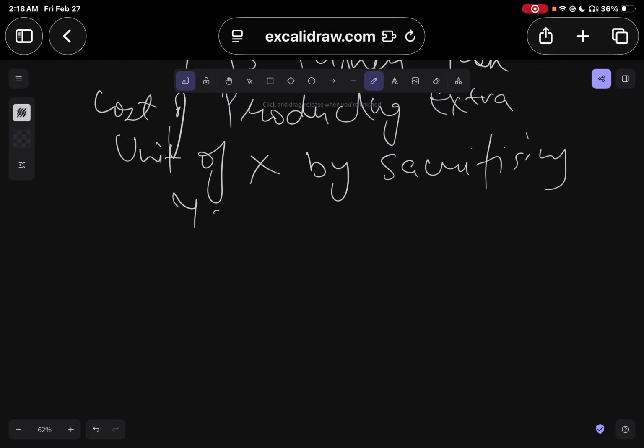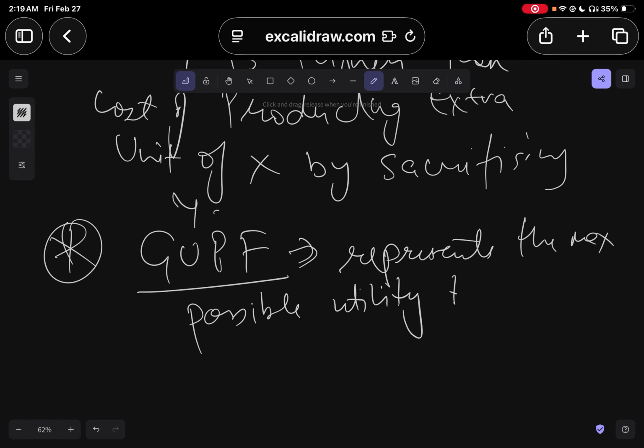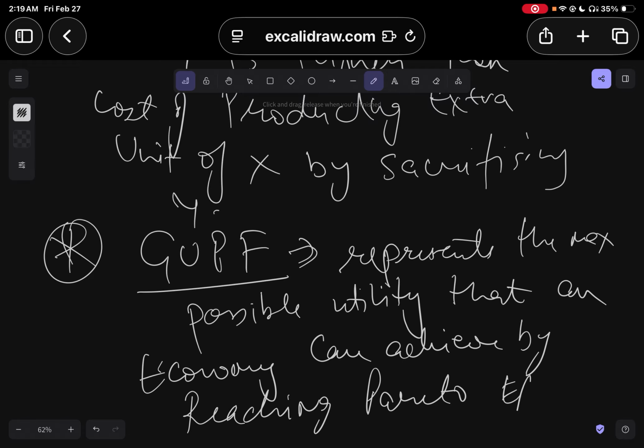So there is something called the grand utility possibility frontier as well, which represents the maximum possible utility that the economy can achieve by reaching Pareto efficiency given its resources.